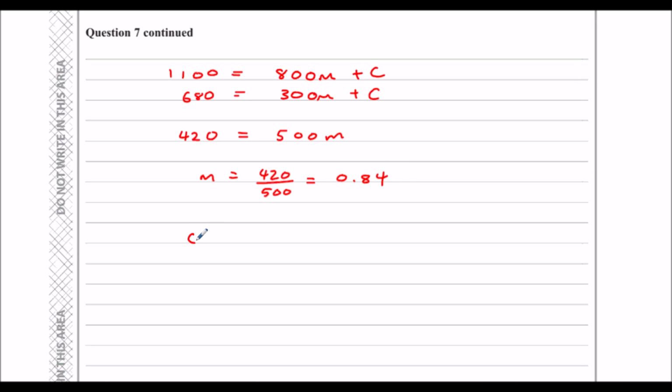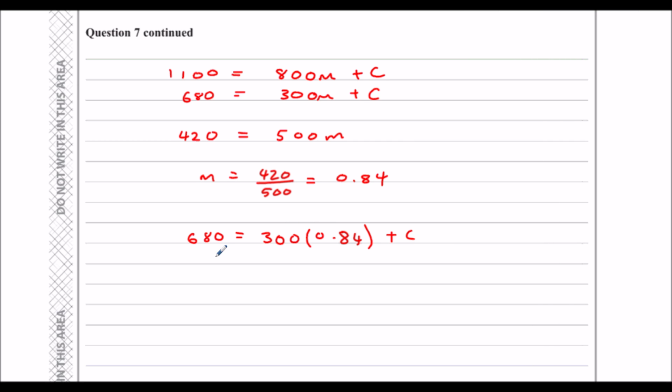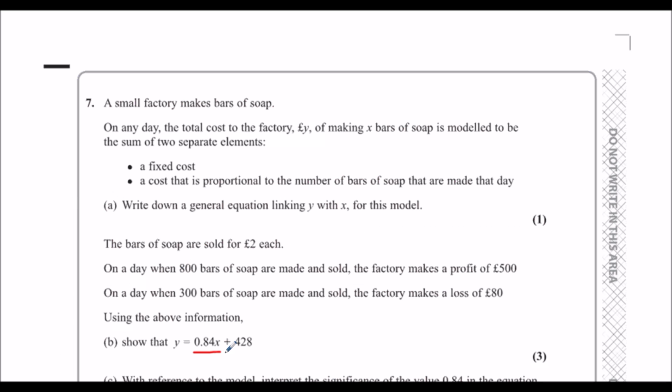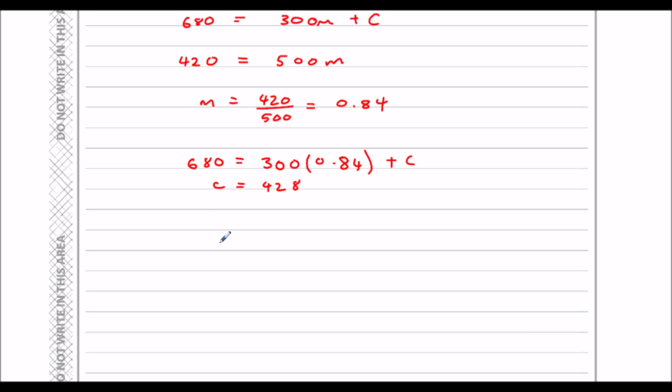So 680 equals 300 times 0.84 plus C. 680 minus 300 times 0.84 is 428, which again is what we wanted. So we've got y equals 0.84x plus 428.